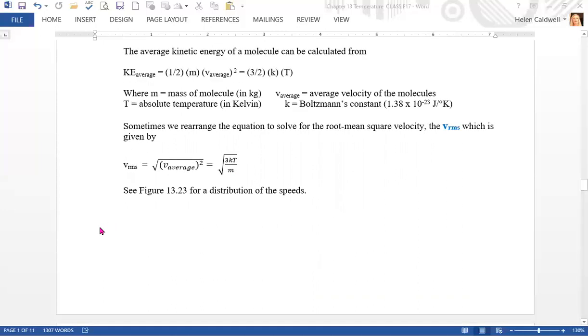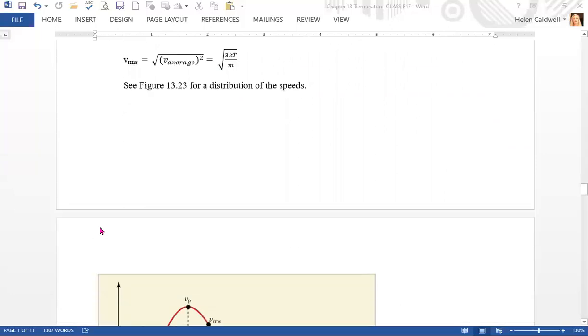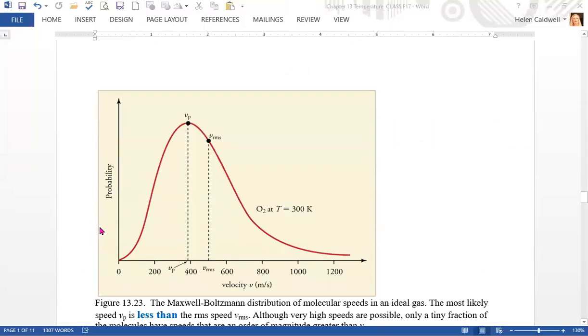So let's look at how speeds are distributed. You can see that there is the most probable speed, the one that occurs most frequently, and there is the root mean square. The root mean square is a little less than the most probable.